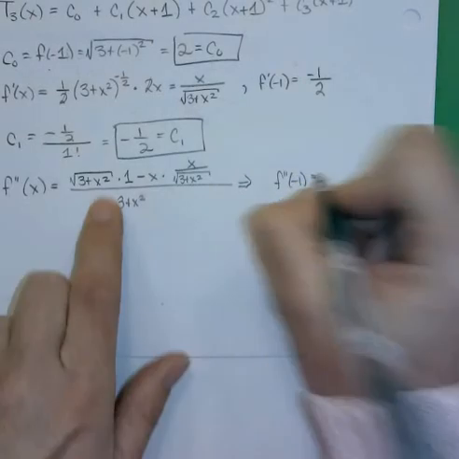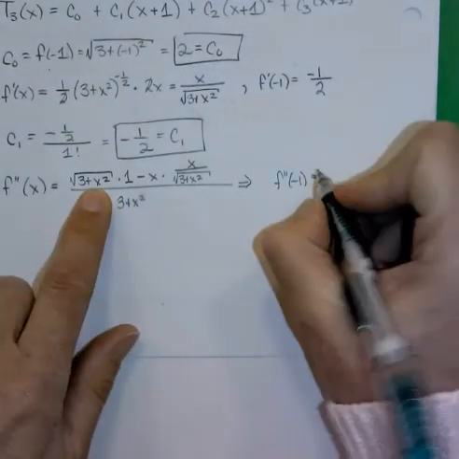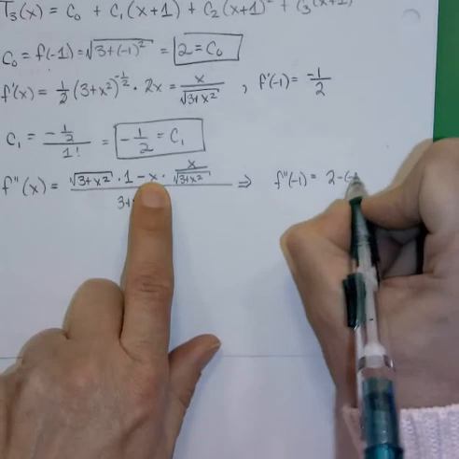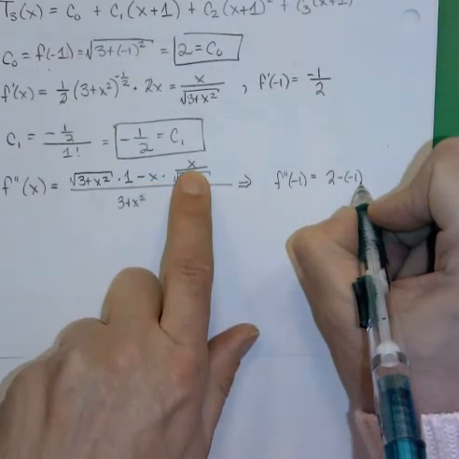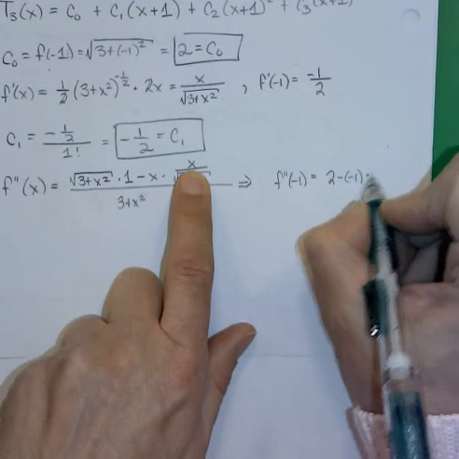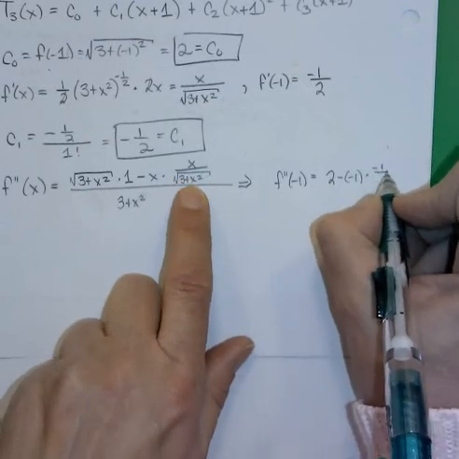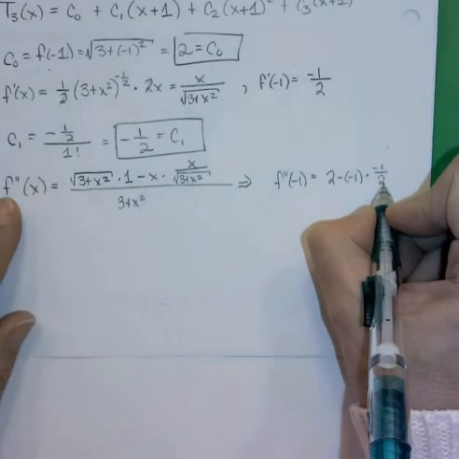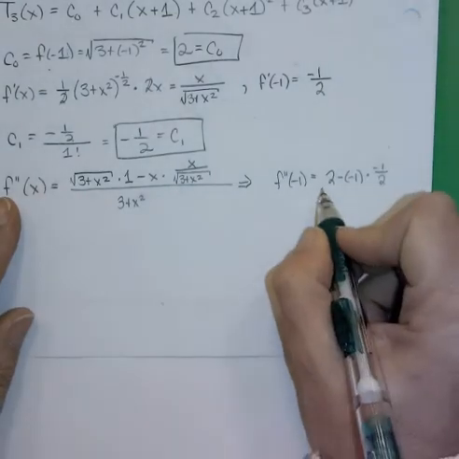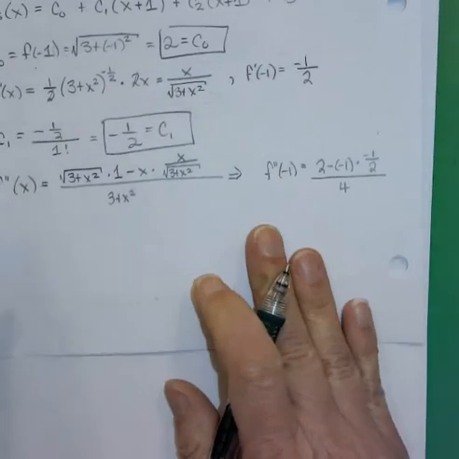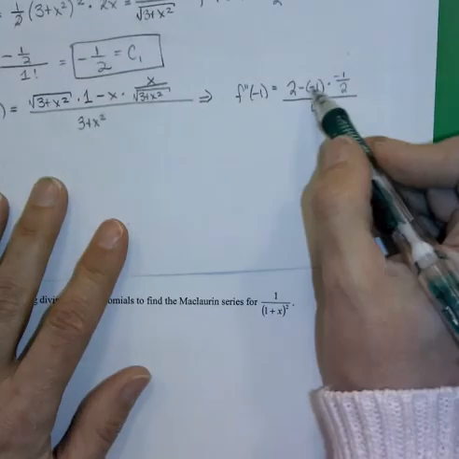So we'd have the square root of 4, which is 2 times 1, minus -1 times -1 over the square root of 4, over 4. So this is kind of ugly, but first of all, 3 negatives make a negative.